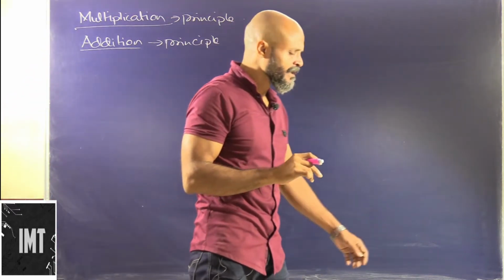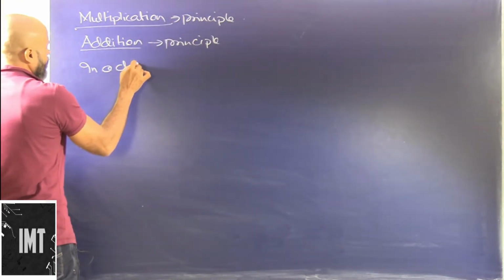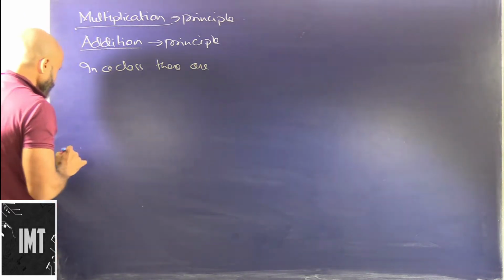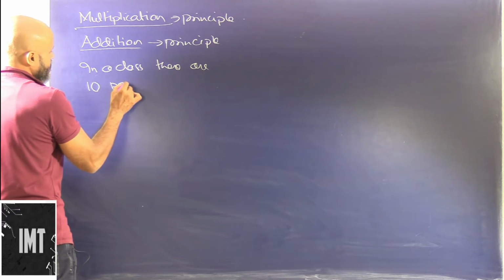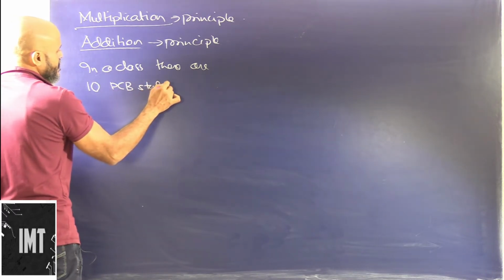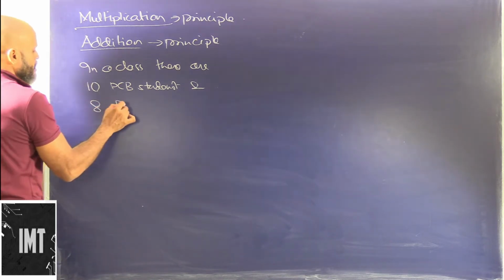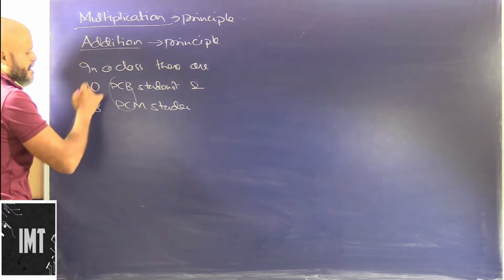Let's say in a class there are 10 PCB students and 8 PCM students. Now these students are different. It's not that physics and chemistry are common.